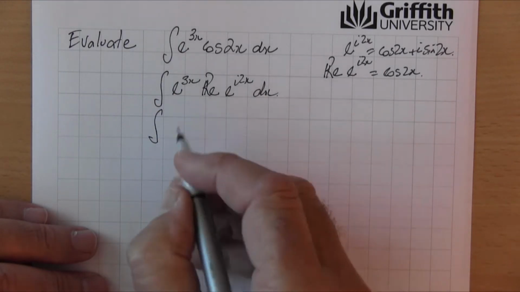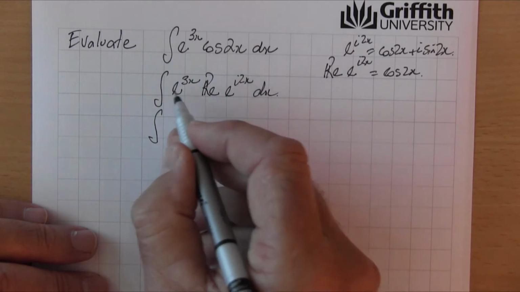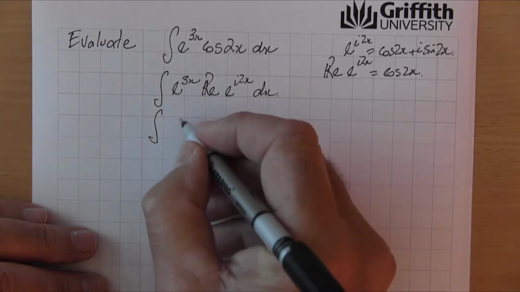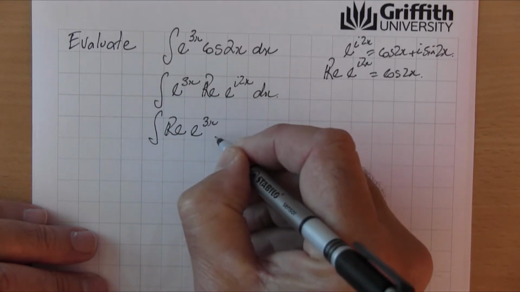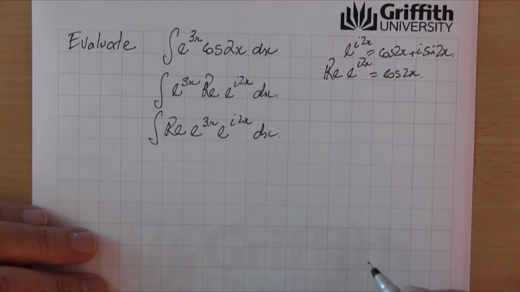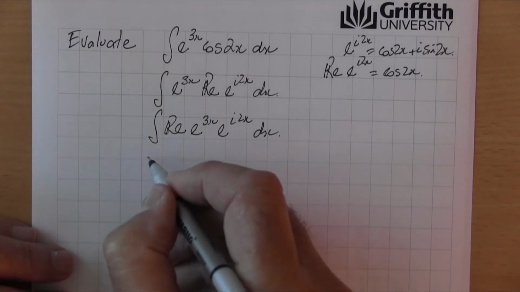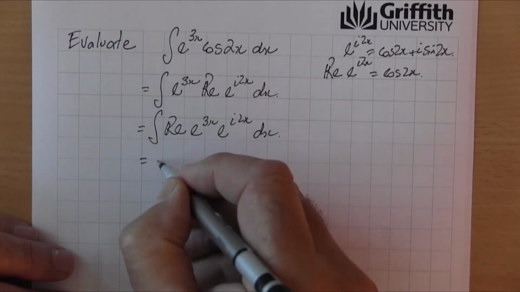We can change the order here. The real part of that will be the real part of those two multiplied together. So the real part of e to the 3x, e to the i 2x, dx, and we can put the real part out the front.